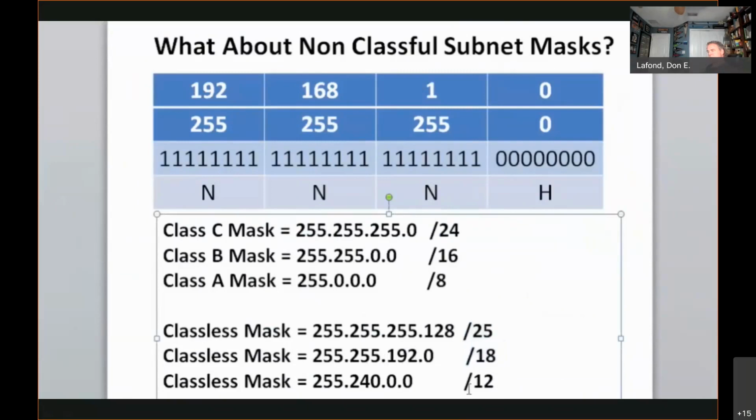Or for that matter, a /12 subnet mask, 255.240.0.0. How does that work? And how does that change the networks that are created by the combination of the IP address and the subnet mask? This is called subnetting.